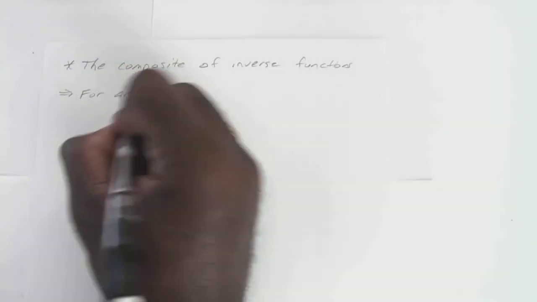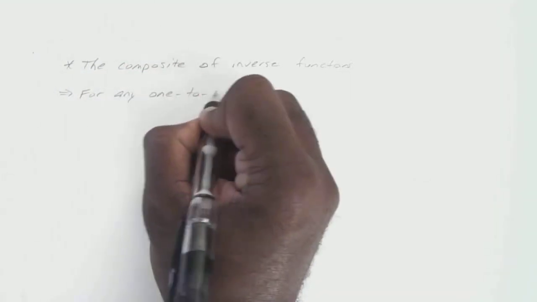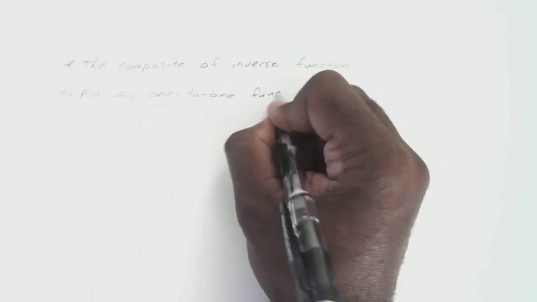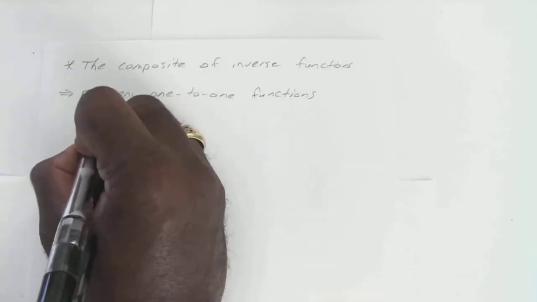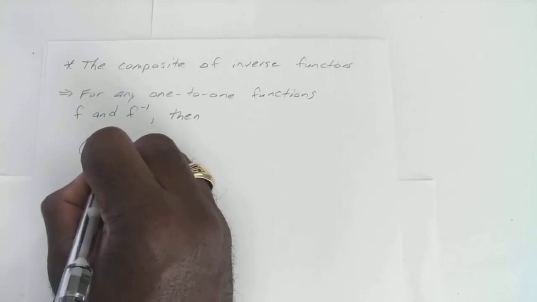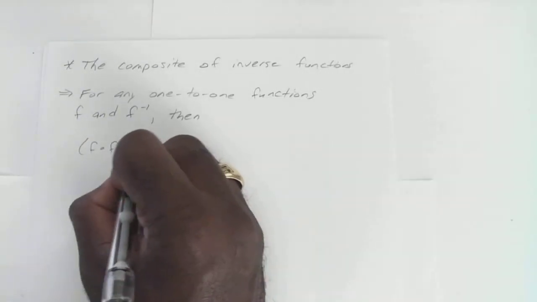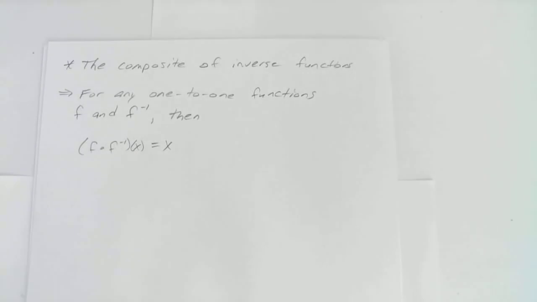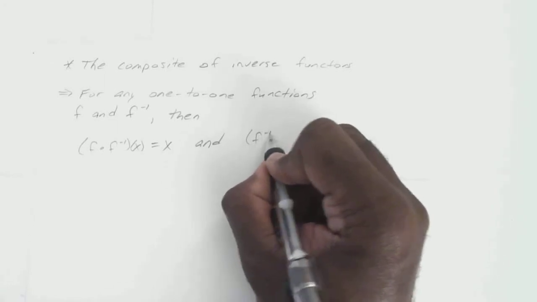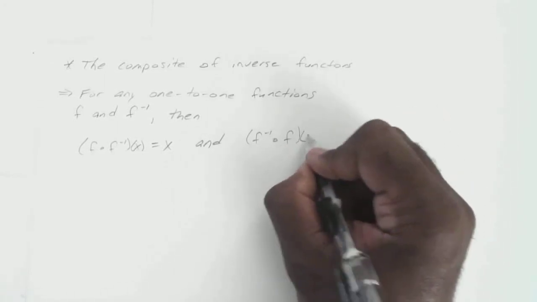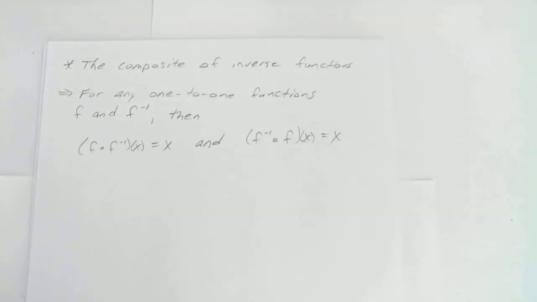Now, for any one-to-one function where you have an f and your inverse function, the composite of f and f inverse of x will equal x. And the same thing if you switch them around: the composite of f inverse and f of x will always equal x.